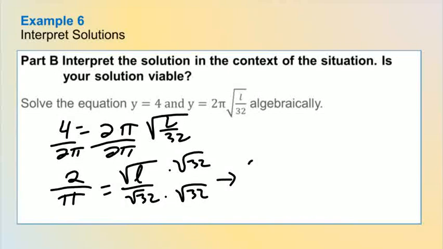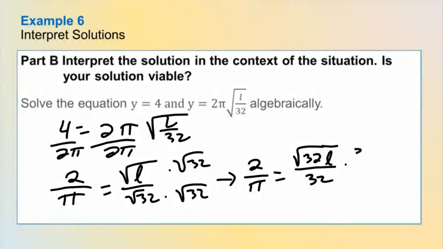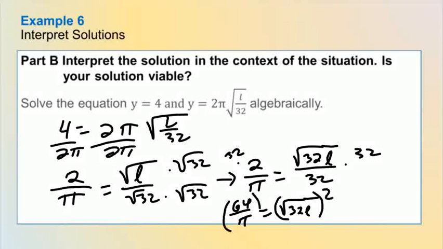This will give us 2 over pi equals square root of 32L all over 32. Multiply by 32 on both sides. This gives me 64 over pi equals the square root of 32L. Square both sides, so I square this.